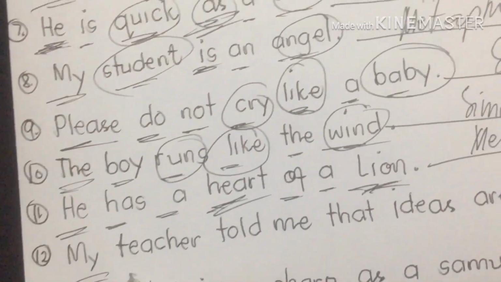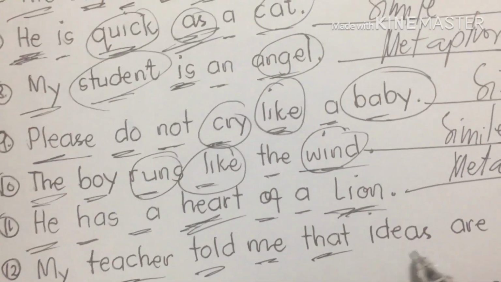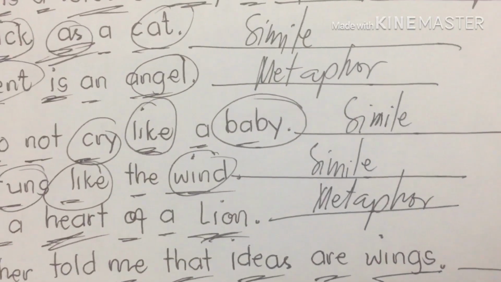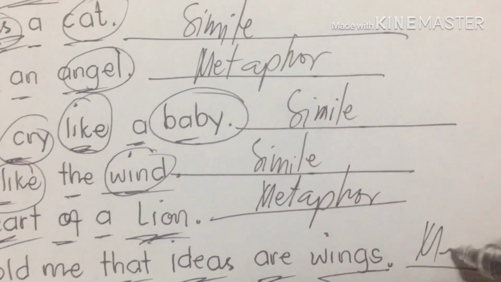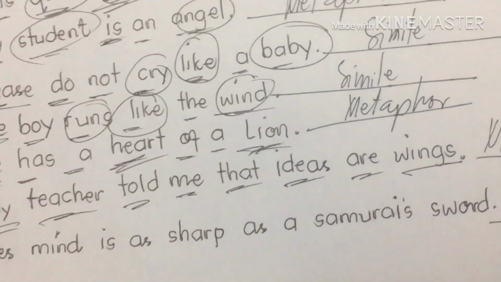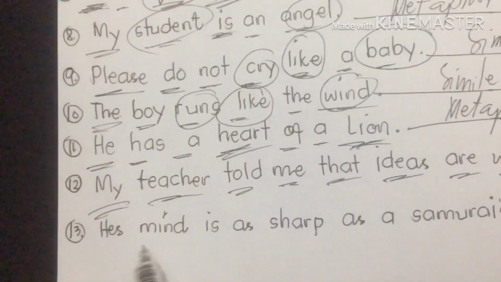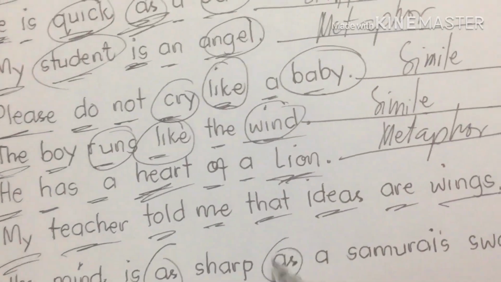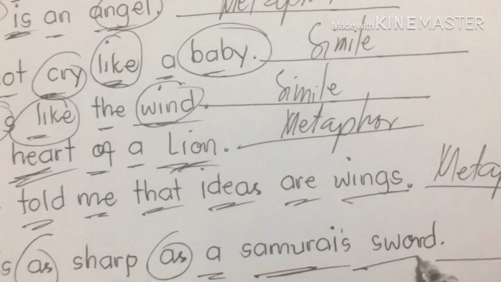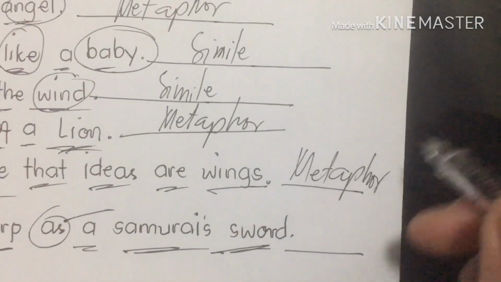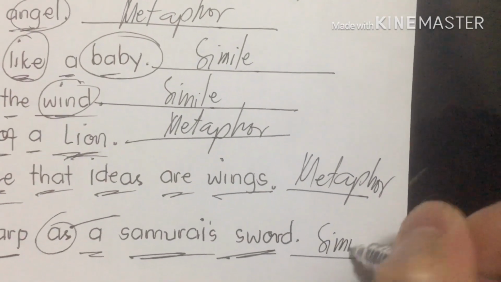Number 12. My teacher told me that ideas are wings. So that means to say this is a metaphor, class. It's quite easy. Number 13. His mind is as sharp as a samurai sword. By using as, this sentence is a simile.